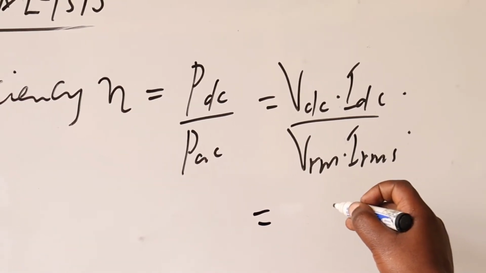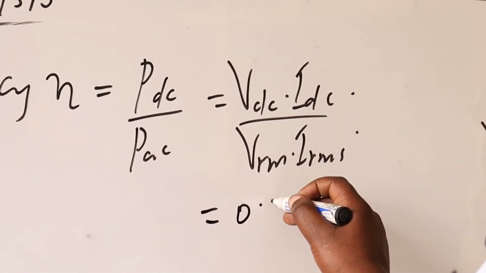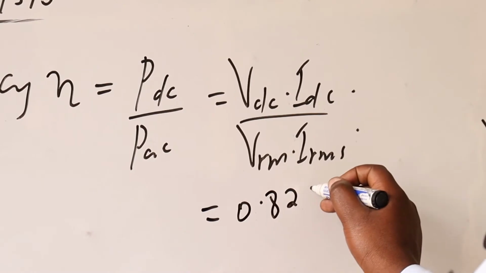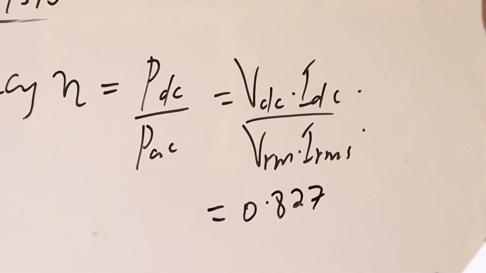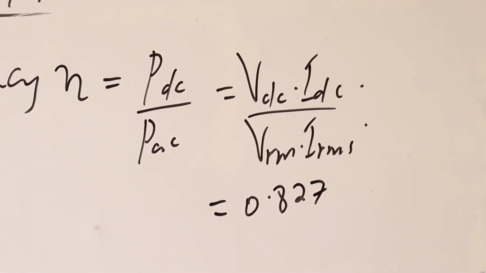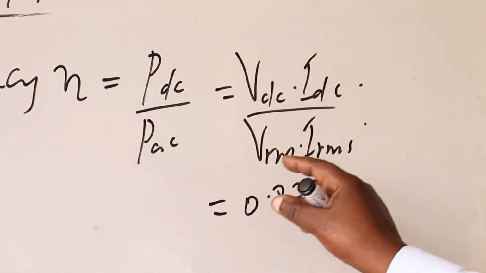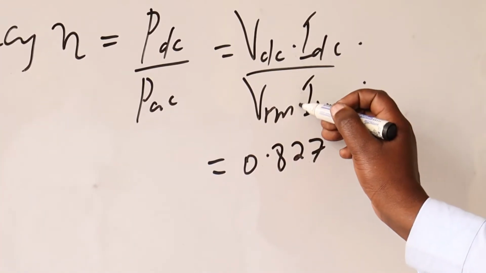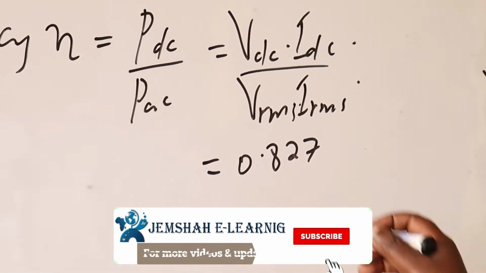So this will be 0.827, because we have the expression for VDC, IDC, VRMS, IRMS.